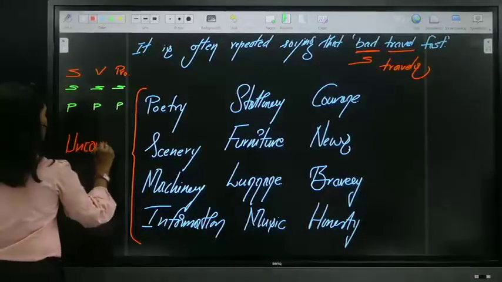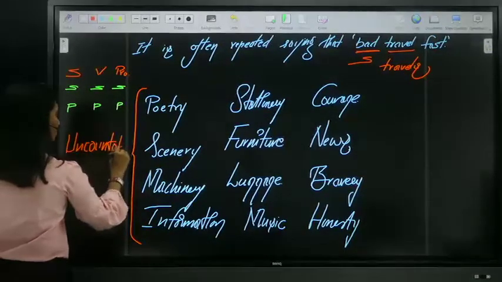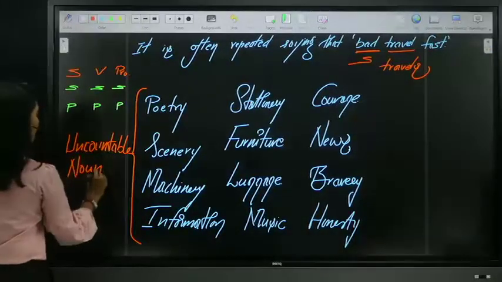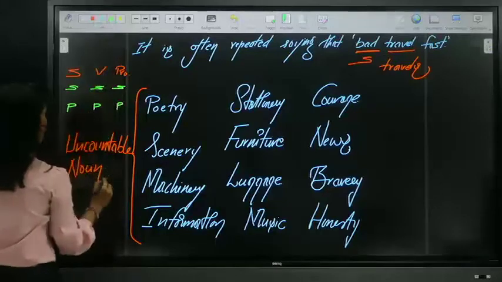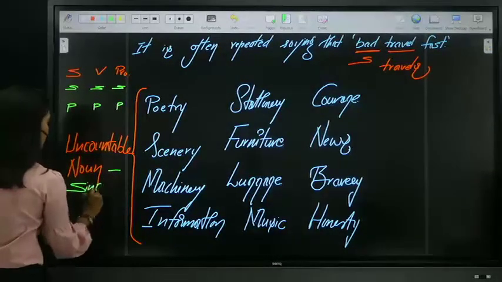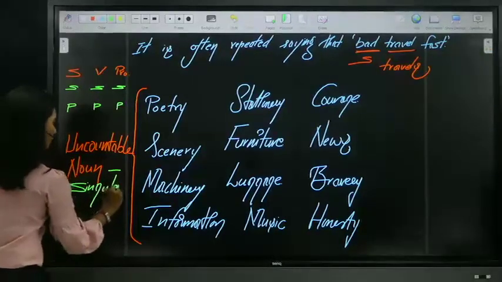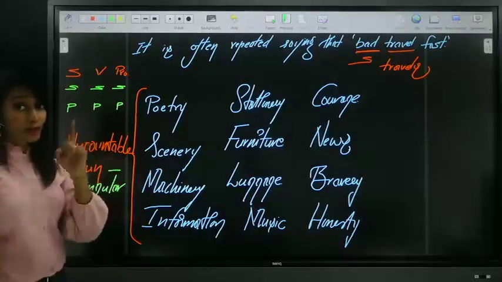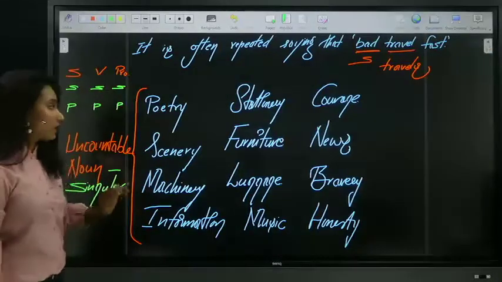So remember, all these come under uncountable nouns. And all uncountable nouns are always singular. So with these singular uncountable nouns, remember you must take singular verb only, not plural.